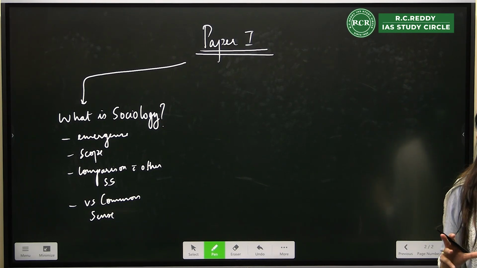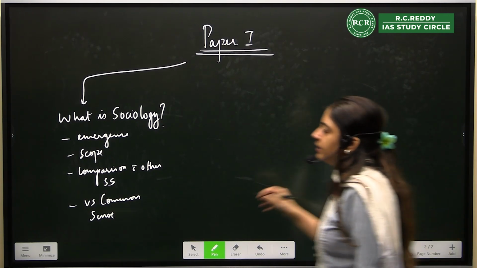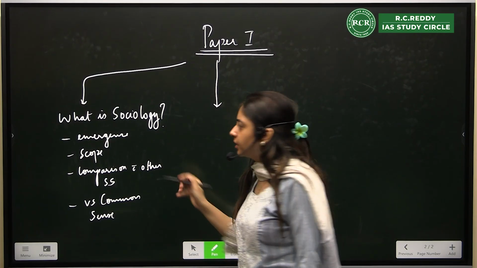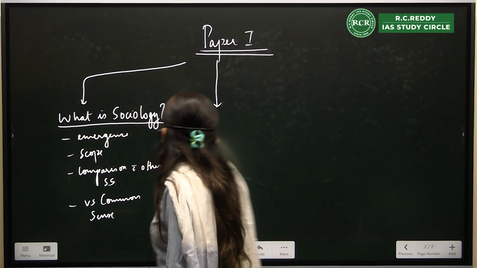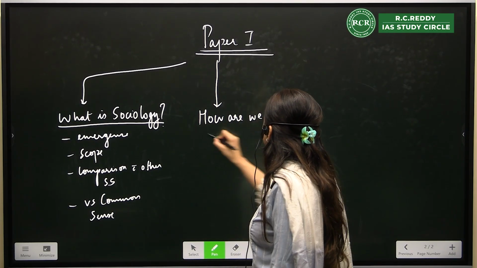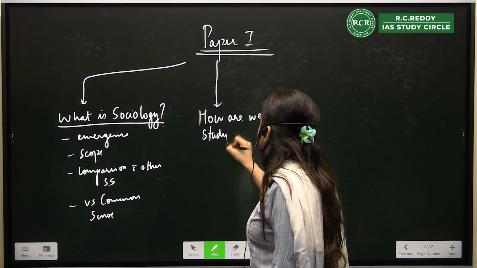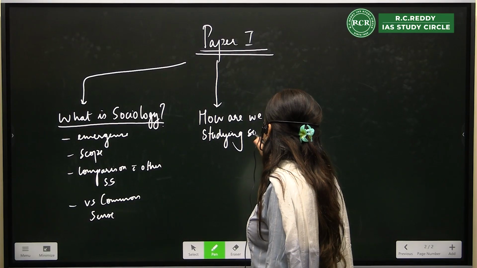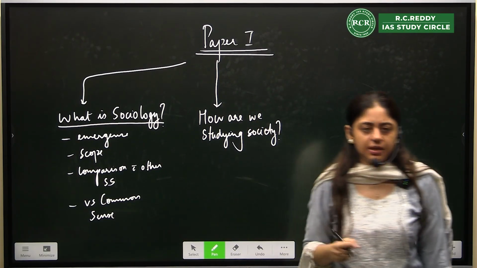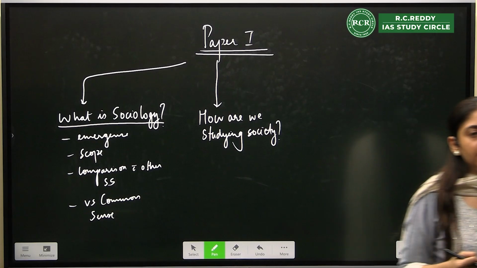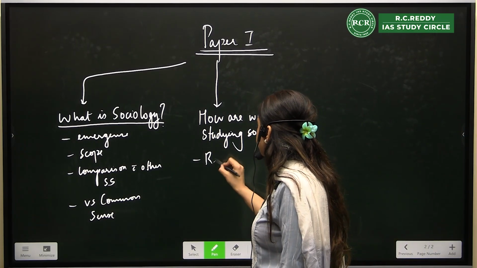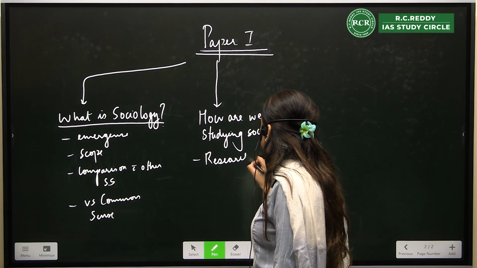That is, what is sociology. Now, within this, or as a separate thing you can take, is how are we studying society? Within sociology, how are we studying? So this how-are-we-studying part, we will be doing as research methods.